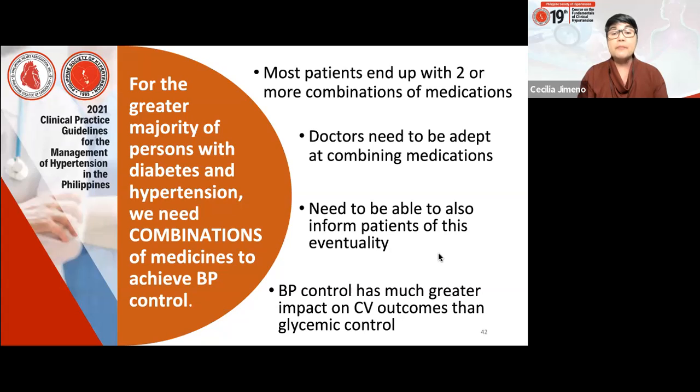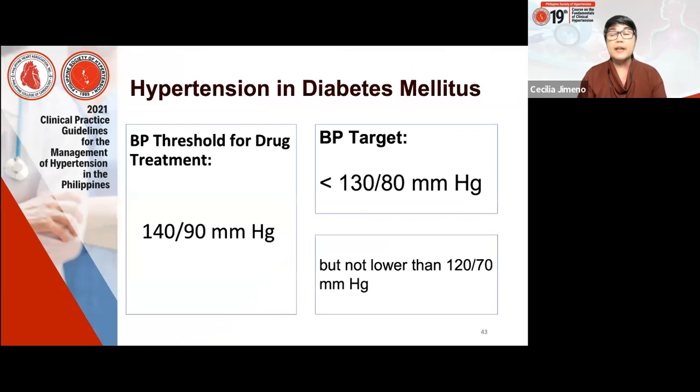But if you are able to do that, BP control has a much greater impact on cardiovascular outcomes than even glycemic control. So please remember that among persons with type 2 diabetes, the BP threshold for drug treatment in hypertension is 140/90 to reach a target of less than 130/80 millimeters of mercury, but not lower than 120/70.